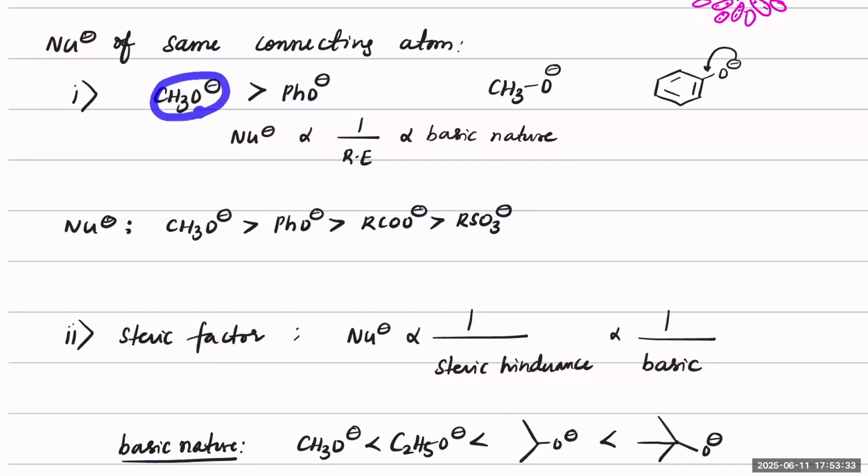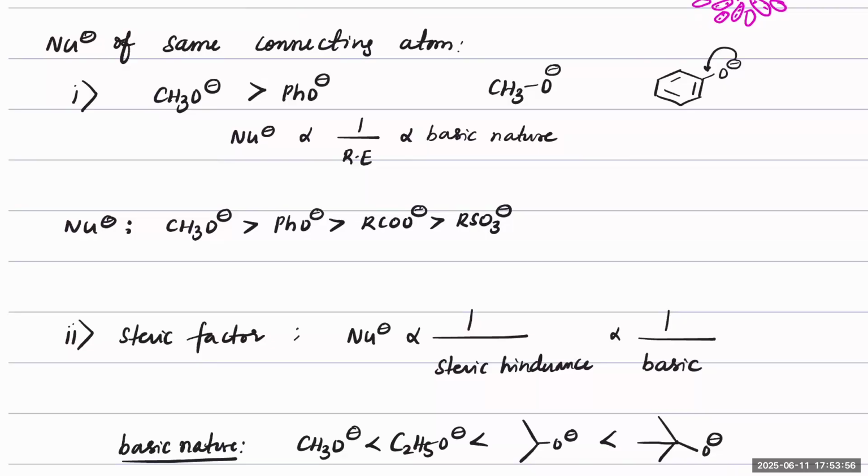CH3O minus does not have any resonance. This O minus will have resonance with benzene. Correct? So this lone pair is less available. This is more available. So which is a strong nucleophile? This one is a strong nucleophile. This one is a weak nucleophile. And in fact, basic character also depends on the same factor. So nucleophilicity here will be same as basic character.